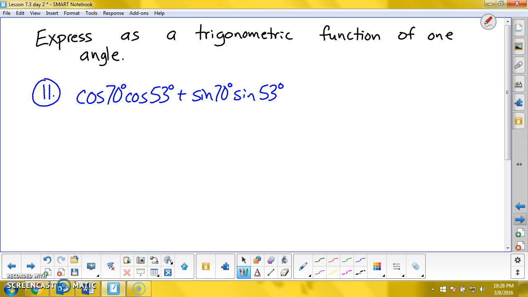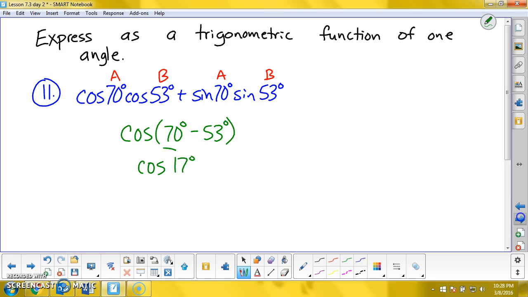If you imagine that this is angle A and this is angle B, I can rewrite this as the cosine of 70 degrees minus 53 degrees, which I would then simplify into the cosine of 17 degrees, and that is my solution. This is more of a recognition problem as to which formula this is set up like. Since the pattern goes cosine, cosine plus sine, sine, it is the cosine difference identity.